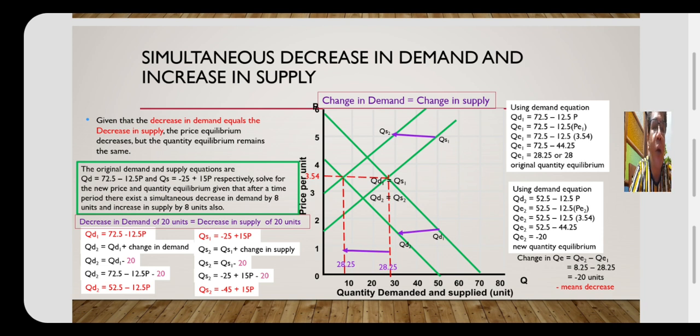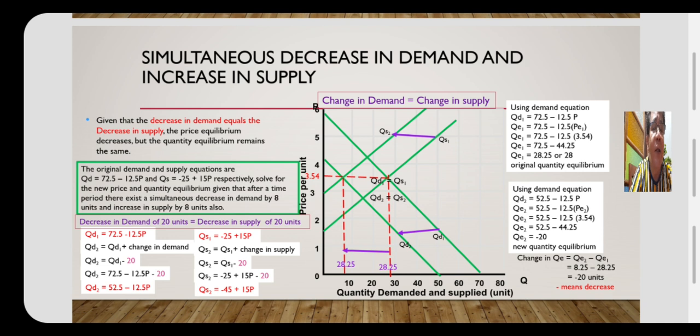So the location of the original equilibrium is correct. That is, QD1 is equal to QS1 with a corresponding price equilibrium of 3.54 and quantity equilibrium of 28.25.